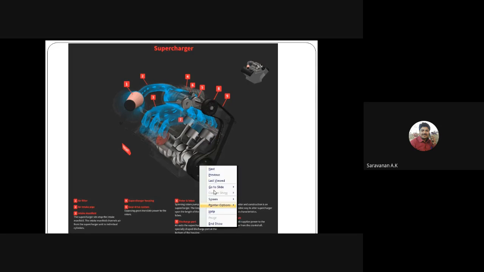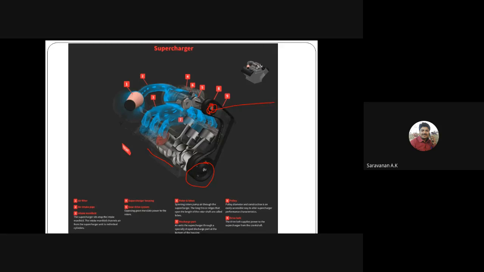The crankshaft gets the power from the engine output. So the compressor will be run by the engine output using the belt drive.